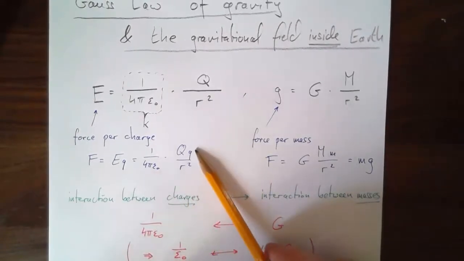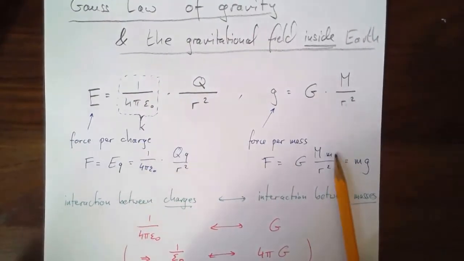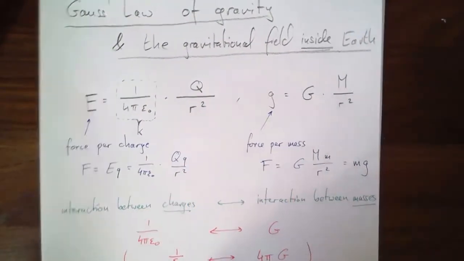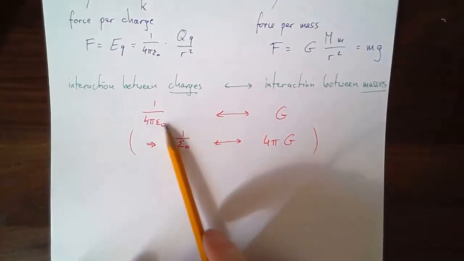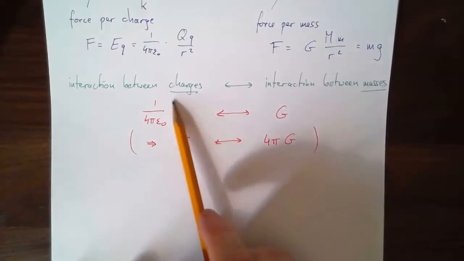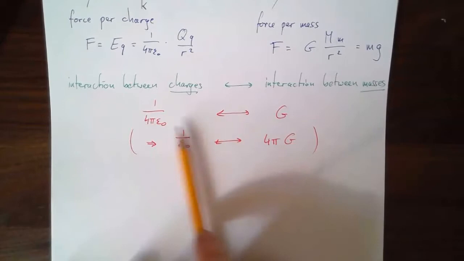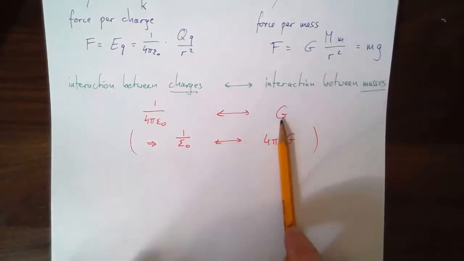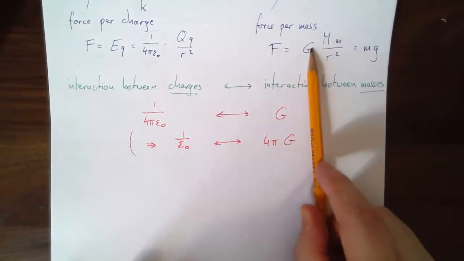But these are just the physical properties of some object. How heavy is it? How much mass does it have? How much charge does it have? Mathematically, it's exactly the same. And so we come to this sort of translation from charges to masses, and from 1/4πε0 to G. Those take the same role.